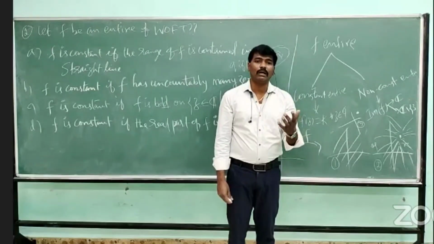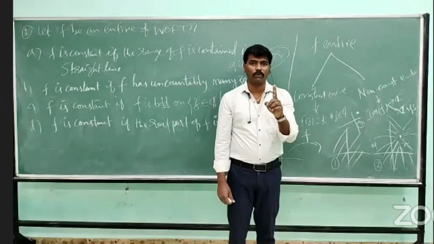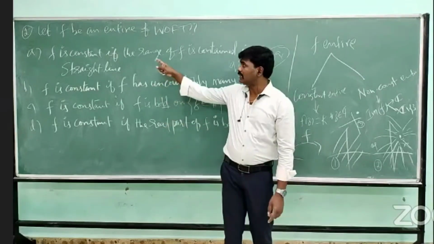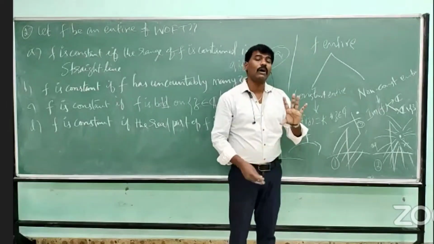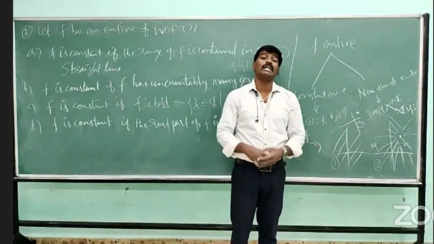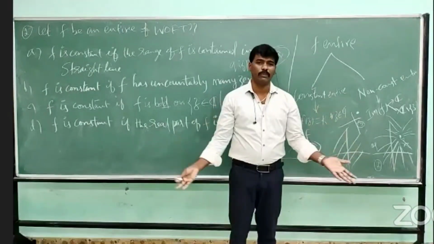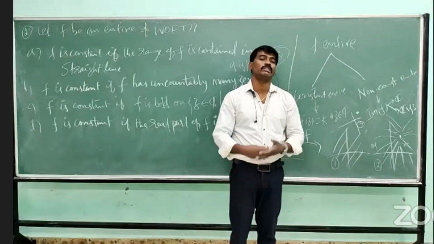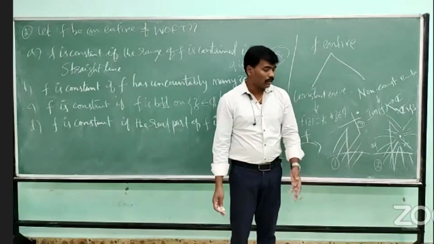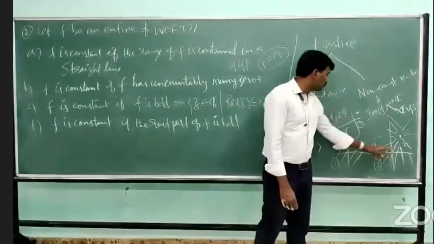But if the image is lying only in a straight line, how many points could it omit? Uncountably many points are omitted by the entire function, more than one point. Therefore, if it omits more than one point, then f should be constant. So the first option says this is not possible.